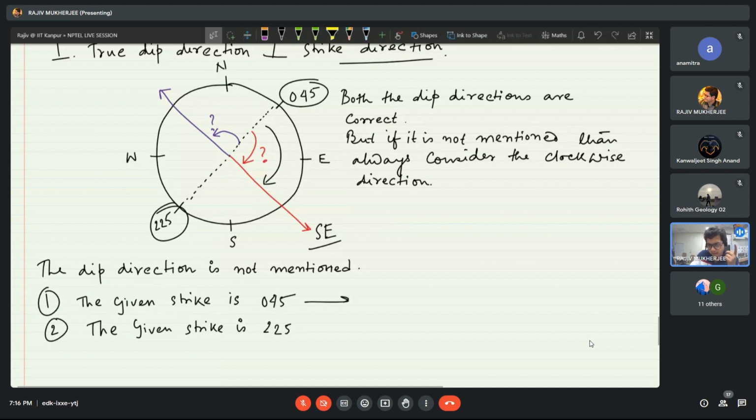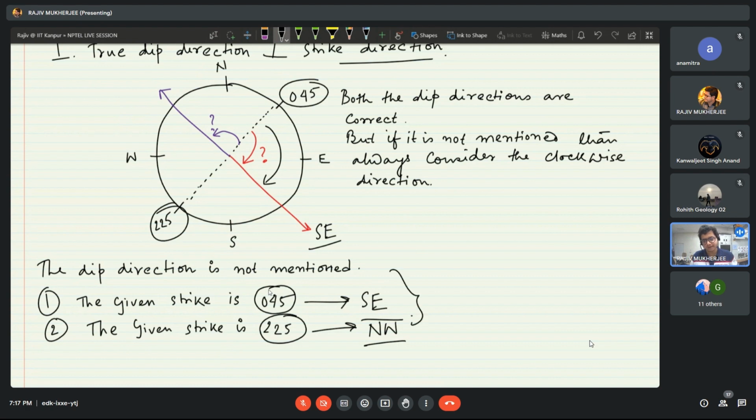In which direction would the plane dip? Southeast, exactly, because the end member of this strike is important. Since it is given 045, you have to add 90 degrees from 045. In that case, it would be southeast. And whenever it is given as 225, then it would mean northwest.